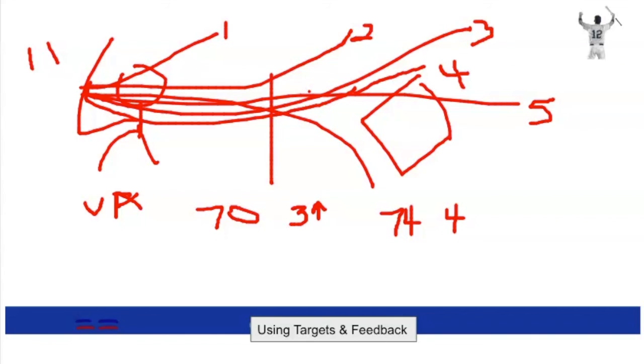Now, if I want to progress this, I could go to 1 speed in another location. I could be inside. I could be outside. I could come back and go up and in and then down and away. So I could go to 2 locations if I wanted to. Obviously, I can keep progressing that over and over again.